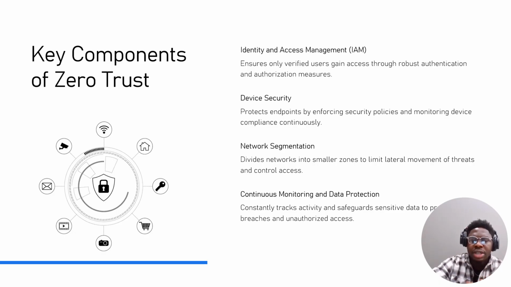We have network segregation, which divides the network into smaller zones to limit lateral movement of threats and control access. And we have continuous monitoring and data protection, which is constantly tracking activities to safeguard data and protect against breaches and unauthorized access. I'm going to talk about these in detail in the following slides.